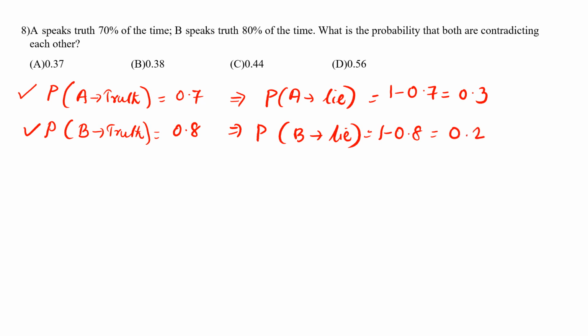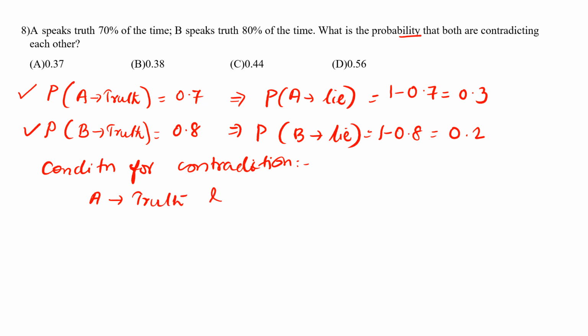And we have to find the probability. What is the probability that both are contradicting each other? Now the condition for contradiction. Both are contradicting each other means either A is speaking the truth and B is lying, or B is speaking truth and A is lying.